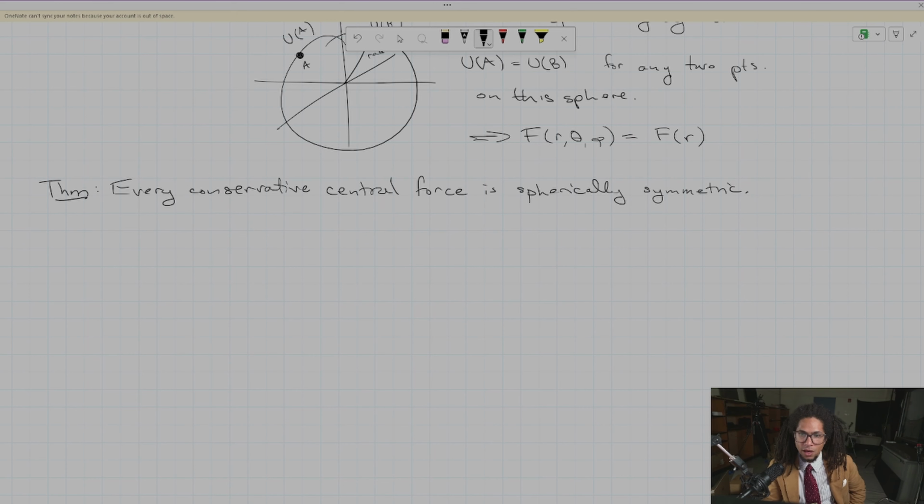Great. Now we talked last time about how dynamics can be simplified if we happen to be dealing with a system that's parameterized by one variable. Central forces give a really good example of a case where we are not in one actual dimension, but we might have a system which is parameterized by one variable nonetheless.